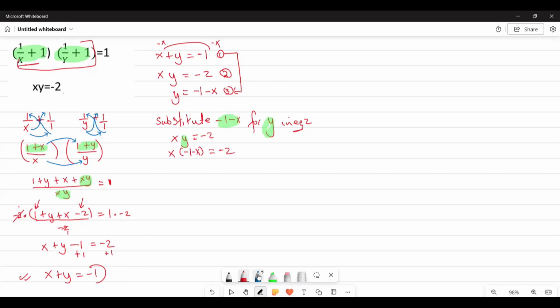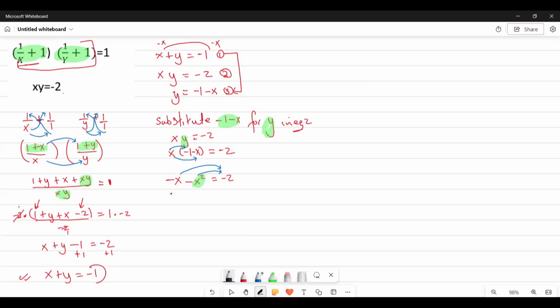So continuing this, I'm going to distribute my x throughout. So what I'm going to actually have there is x times -1, and that's going to give me -x. x times -x will give me -x to the second power, and this is equal to -2. Now, because I'm seeing that I have a quadratic here, I'm going to migrate the -x and the -x squared to the other side.